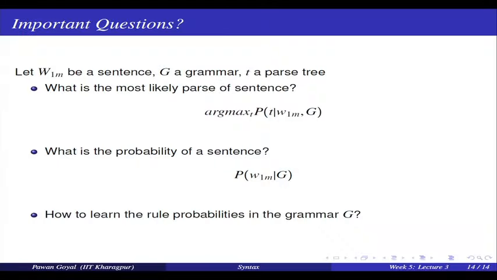I am only given the grammar, in the sense of the CFG, not the rule probabilities. Then how do I learn the parameters? This will again be a very interesting topic, and there you can use some ideas that I showed earlier for the Baum-Welch algorithm. In the next lecture, we will start trying to answer some of these questions.